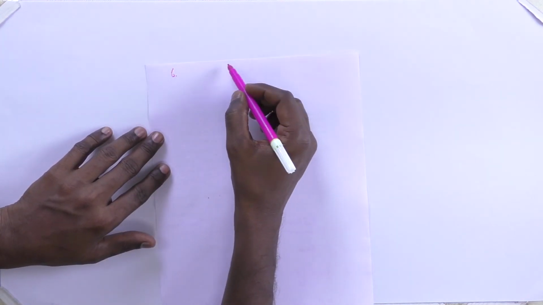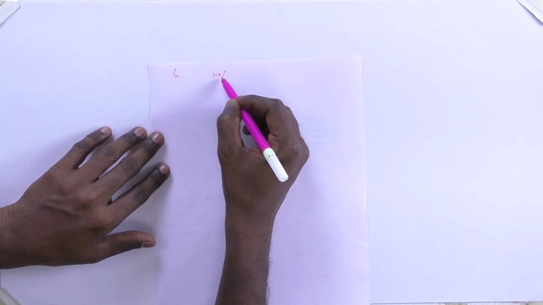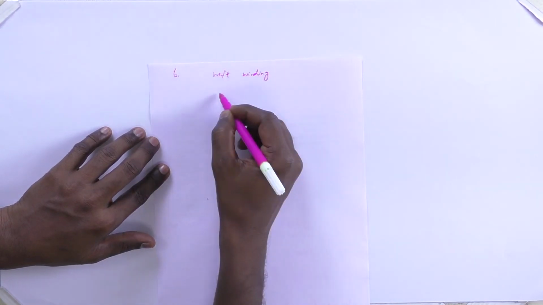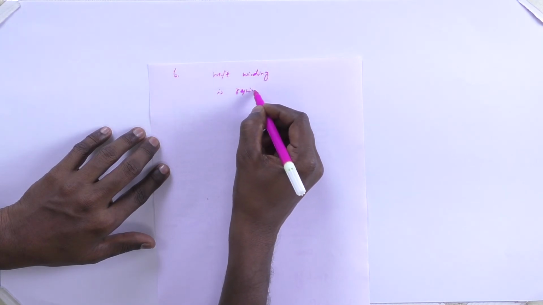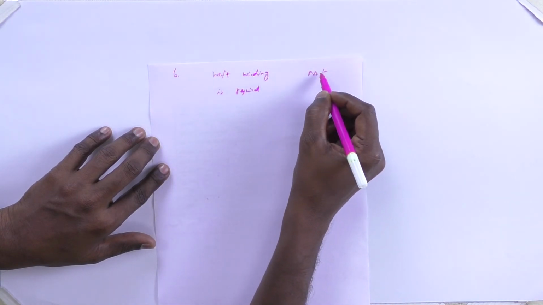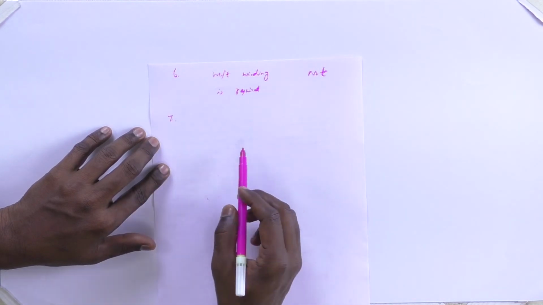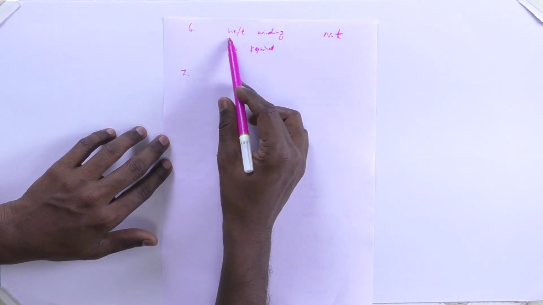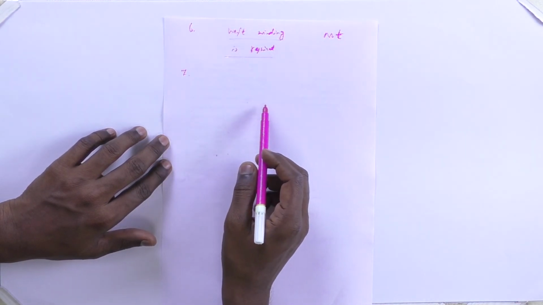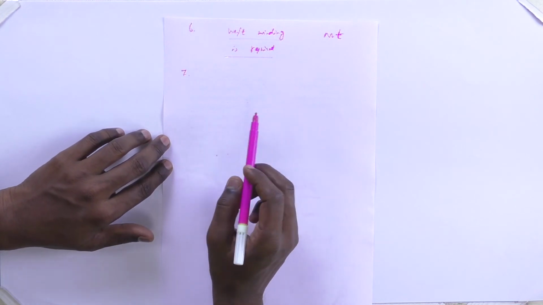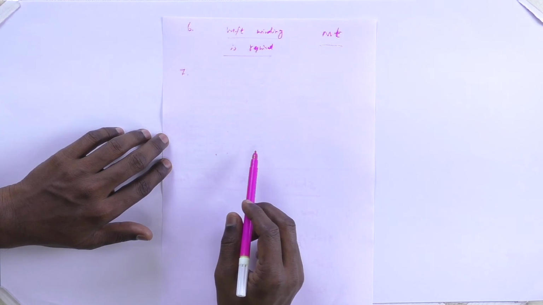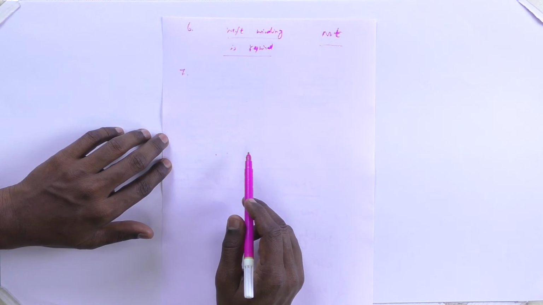In shuttle loom, the weft winding is required, but in shuttleless loom it is not required. In shuttle loom, the pirn winding mechanism is required for producing the pirn to fix in a shuttle. But in the case of shuttleless loom, the cone is used as it is as the weft package, so no pirn winding is required.